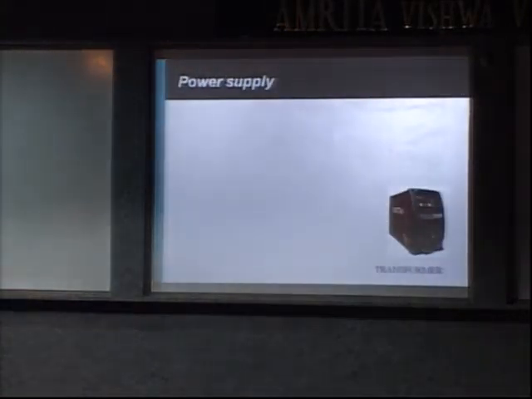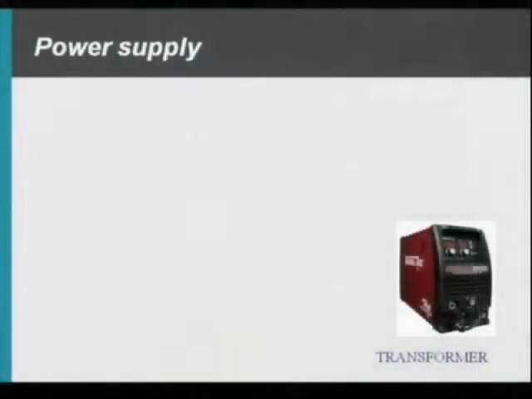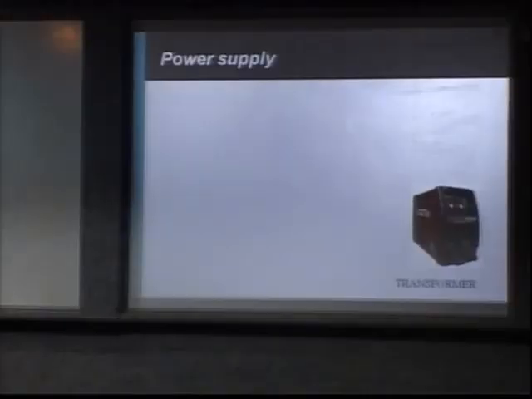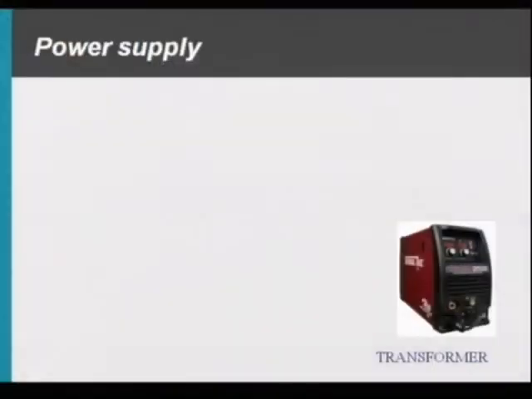First of all, before going to the process, you need some power sources for this process. At the bottom of the slide you can see the transformer, which may be step up or step down.